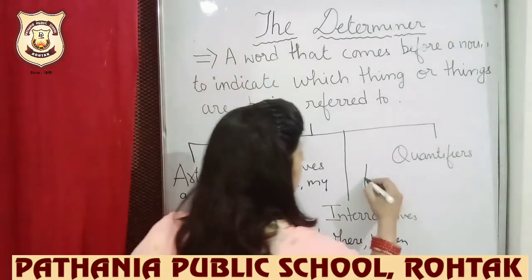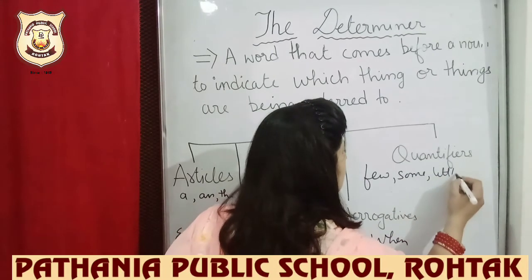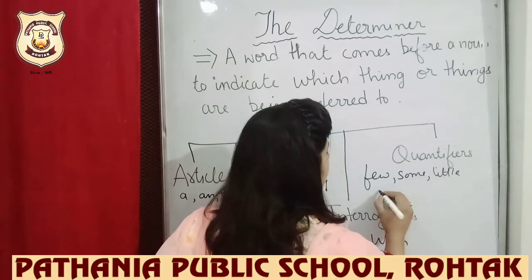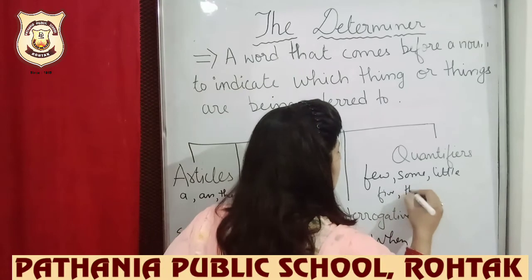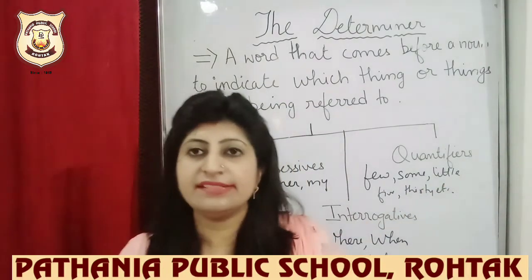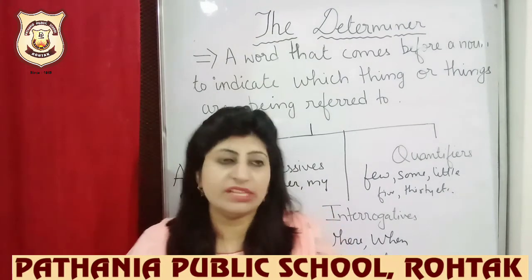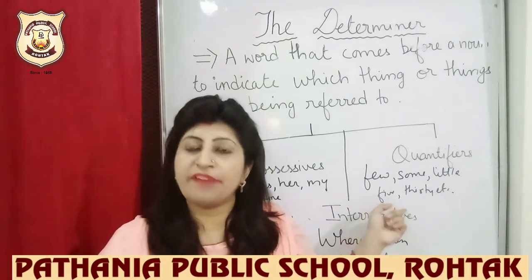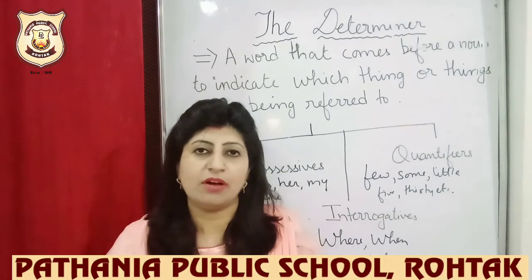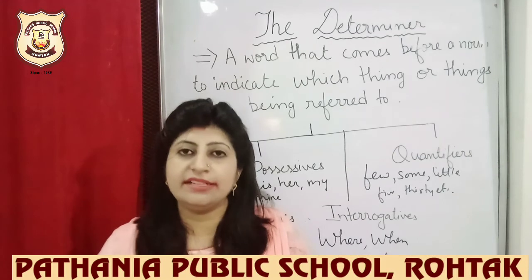So few, some, little, or it could be 5, 30, etc. There are things that can be expressed numerically, so when I say 5 oranges, the word 5 becomes an example of a quantifier and comes under determiners.